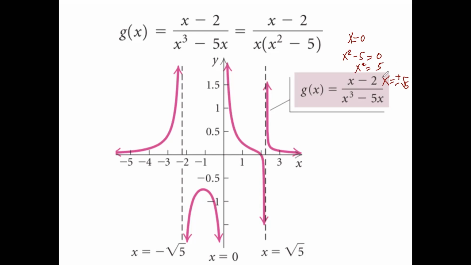So you have vertical asymptote x equals 0, this line, the axis itself, and then x equals negative square root of 5, approximately negative 2.2, and positive square root of 5. So that's our vertical asymptotes.